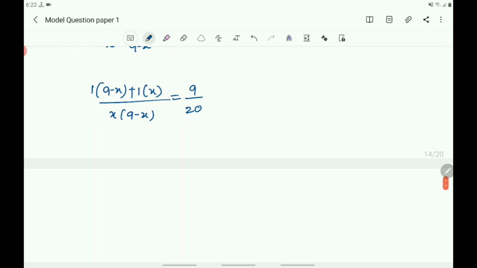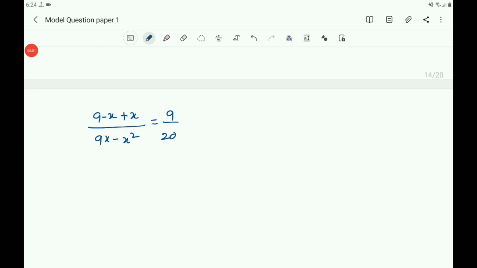So 1 into 9 minus x is 9 minus x only, plus 1x is x, by, you can multiply this, x into 9 is 9x minus x into x is x square, equals 9 by 20. Minus x and plus x get cancelled.